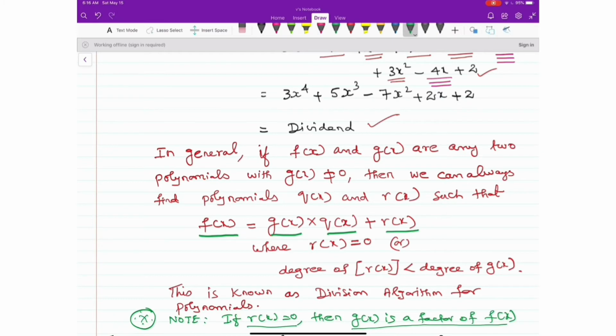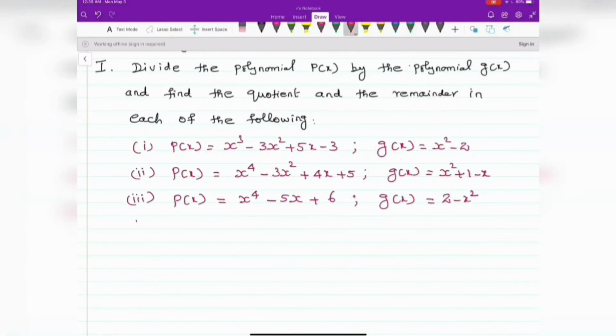Let me do all the 3 questions for you. We will do one by one. Here we go. Here you have to divide the polynomial p of x by the polynomial g of x, and you need to find the quotient and the remainder in each of the following. 3 subdivisions are there. Let's do one by one.